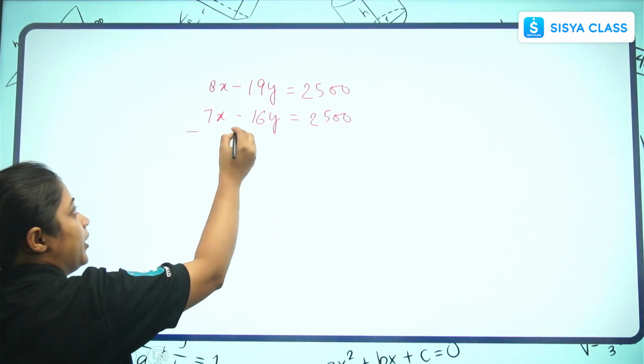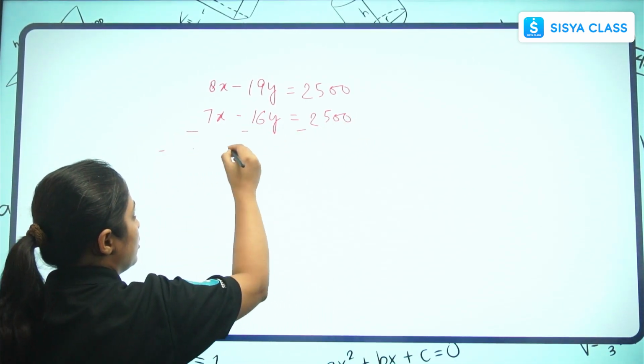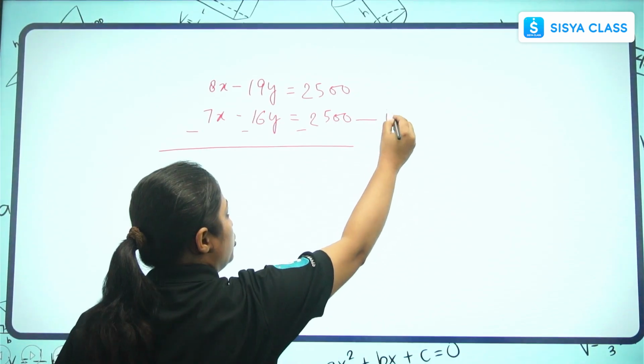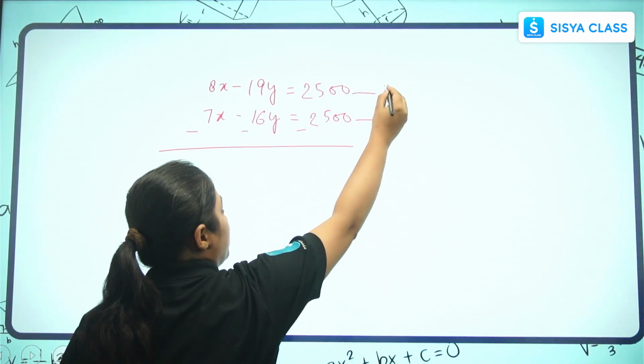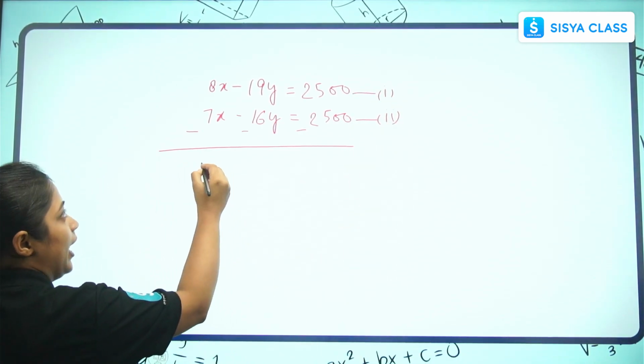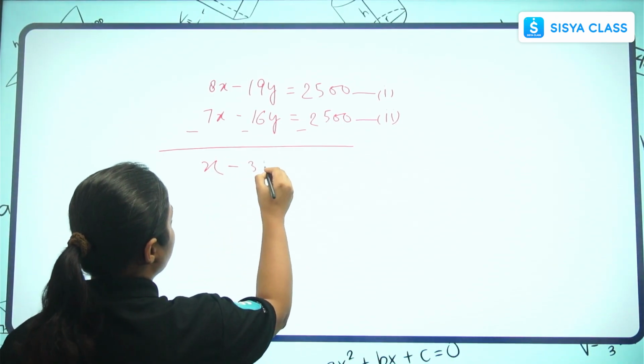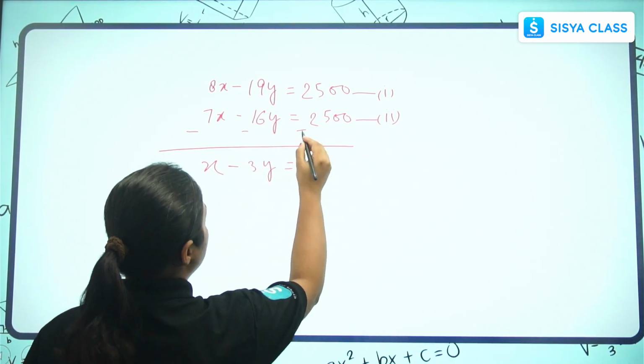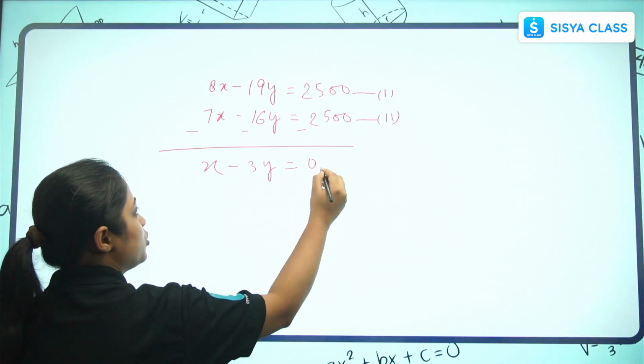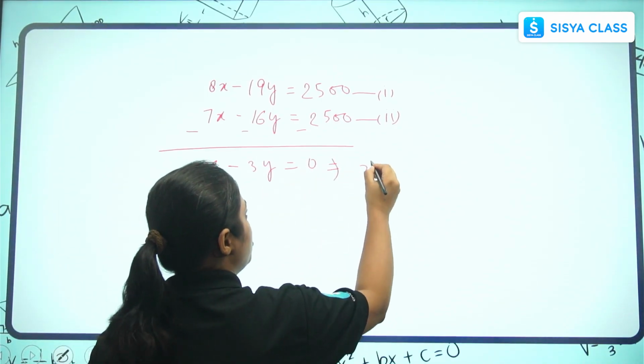Now if you subtract equation number 2 from equation number 1, then you will get x minus 3y, and here it is 0, right? So you will get x equal to 3y.